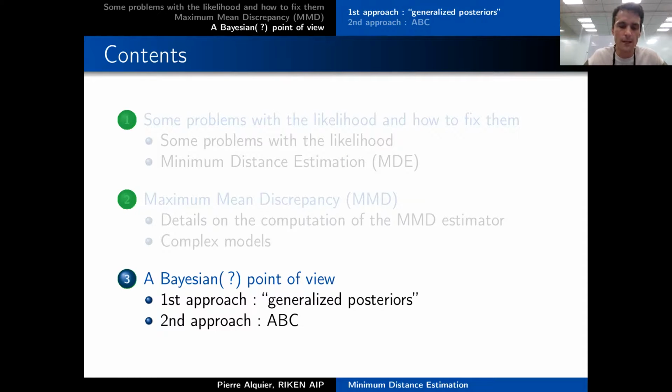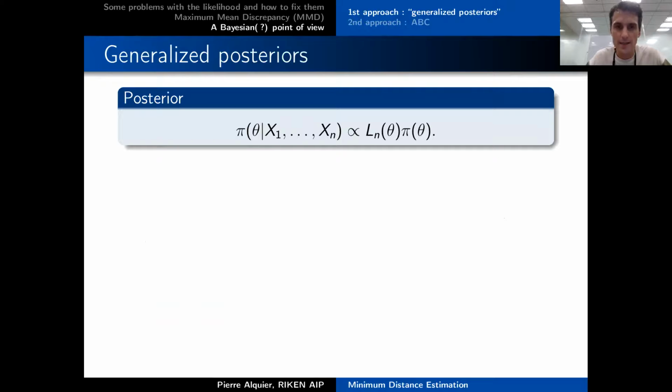I just want to provide a glimpse on Bayesian methods using MDE, because for the reasons I mentioned before, robustness, there were also a few papers on pseudo-Bayesian methods trying to replace the likelihood by distances that would lead to more robustness.